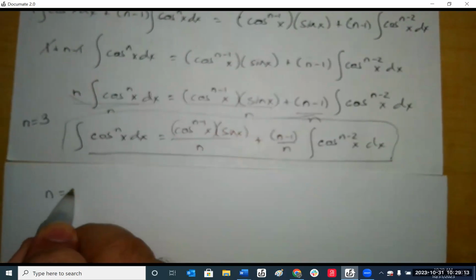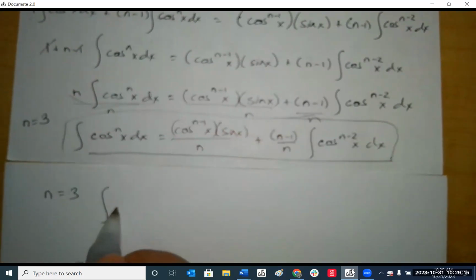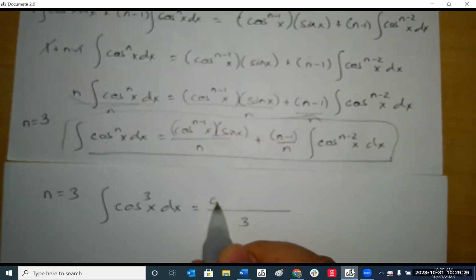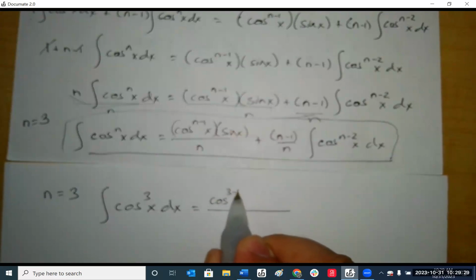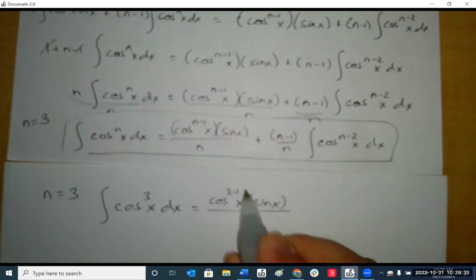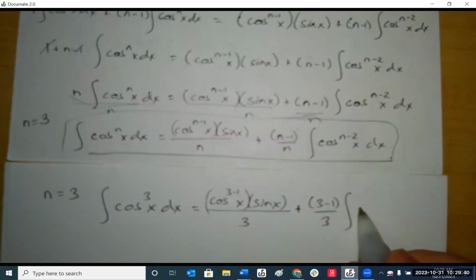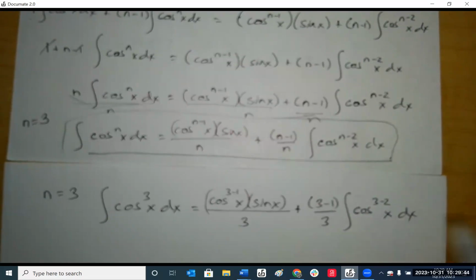I'm going to do n equals 3. So the integral of cosine cubed x dx is equal to cosine^(3-1)x sine x plus (3 minus 1) over 3 the integral of cosine^(3-2)x dx.